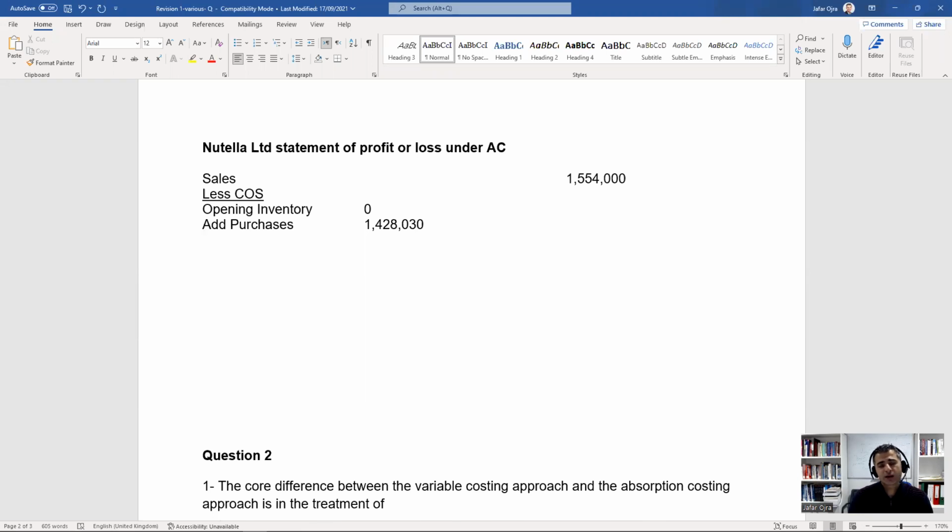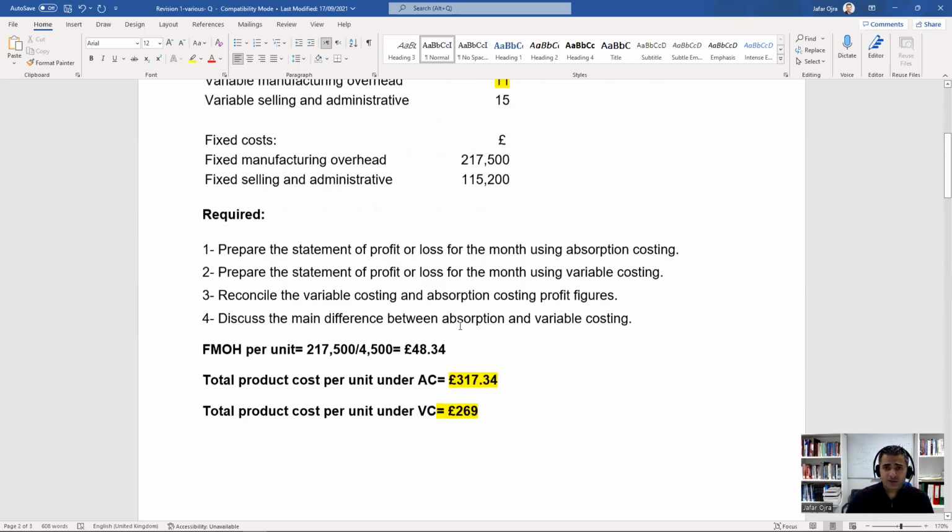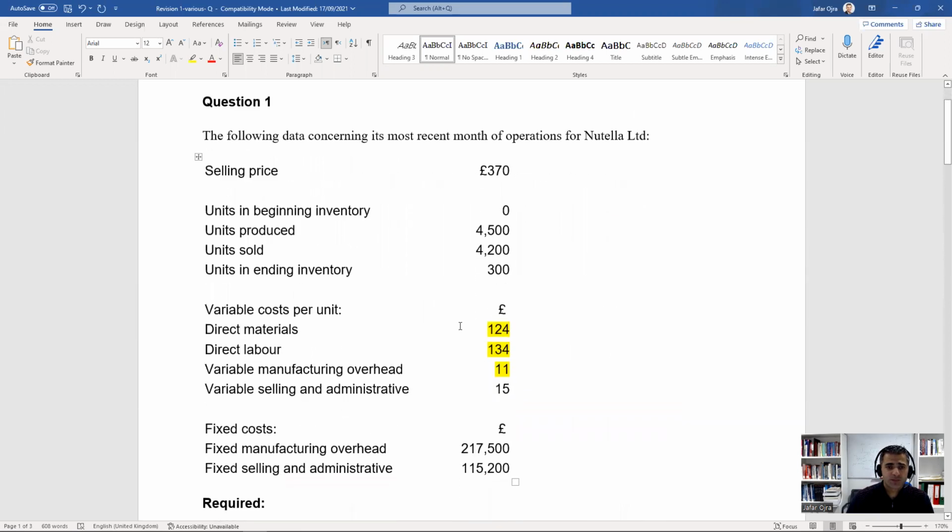So now minus, you need to take away the closing inventory. So add minus now closing inventory. Okay, so how to calculate the closing inventory? It depends on how many units left. So if you look at the question here, the number of units produced is 4,500 and the number of units sold is 4,200. So what's the closing inventory? 300 units.